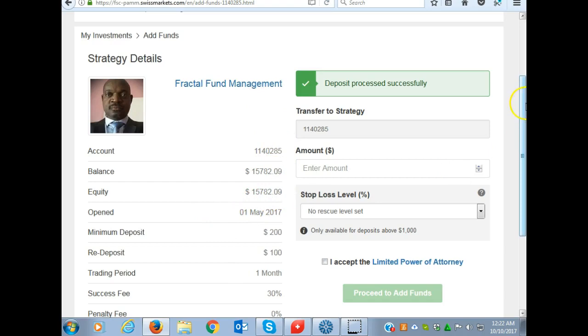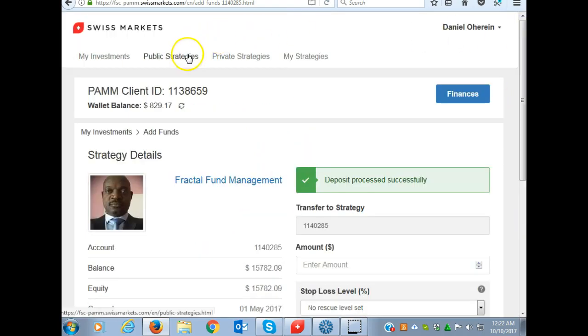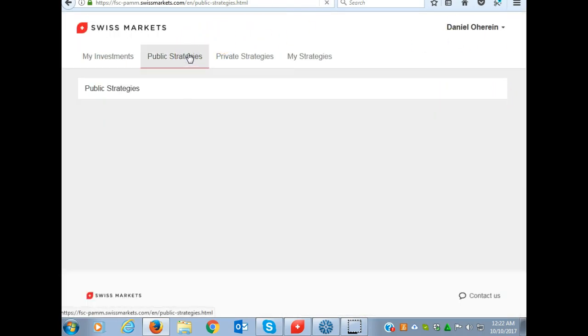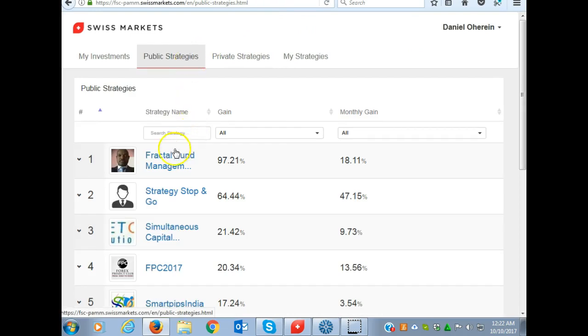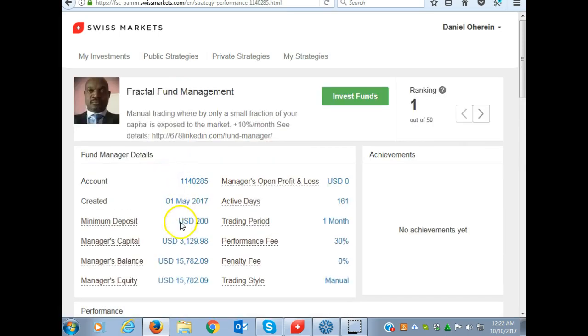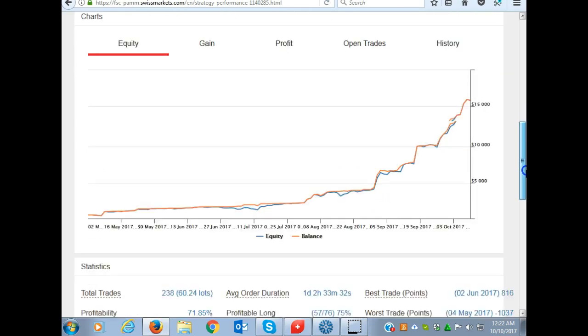Because I reinvest my profit, once the money appears in my account, my contribution to the Fractal Fund Management will now increase to more than 3,000. This is what I will be trading with. So the total equity will now be around 16,000. This is how I reinvest my money.